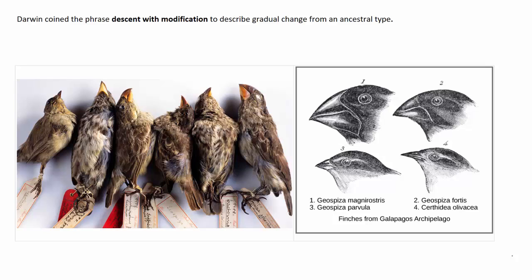And Gould could tell from the bill structures that some of the birds ate small seeds, whereas others ate large seeds, fruits, or insects. And in all, he described 14 different distinct types of finches, each different from the birds that were on the mainland, yet sharing some of these features.